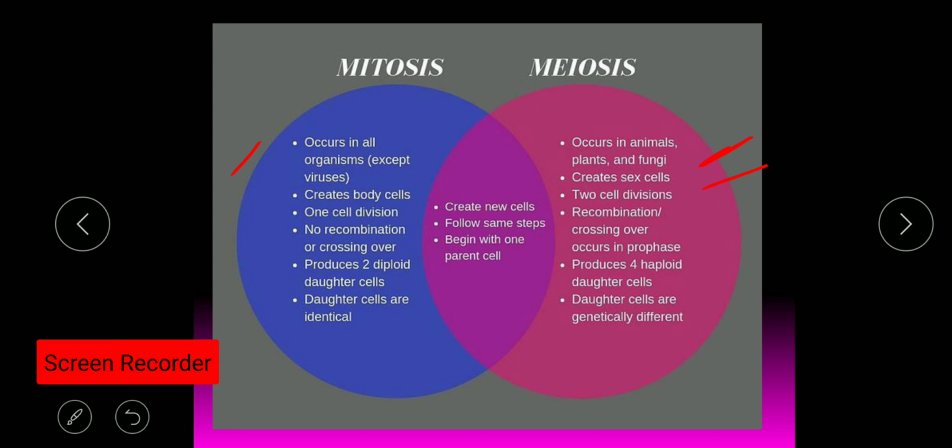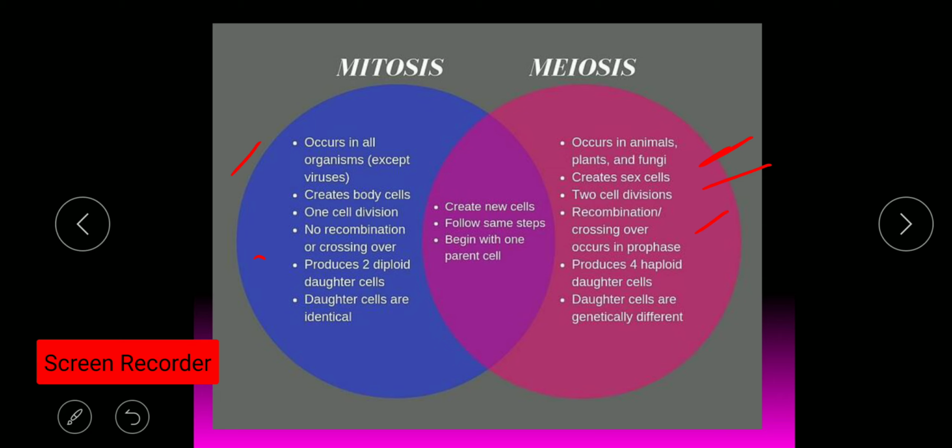Then there is only one karyokinesis and cytokinesis in mitosis, whereas in meiosis there are two karyokinesis and one cytokinesis. No recombination or crossing over occurs in mitosis, whereas recombination or crossing over occurs in meiosis.